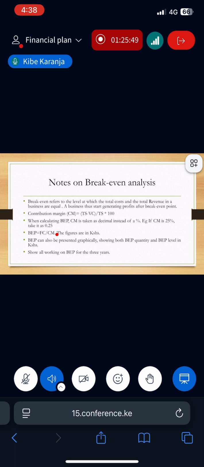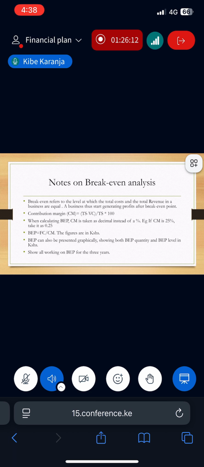And it's important to note that you can present break-even graphically, showing both break-even quantity and break-even in Kenya shillings. And when you are calculating the break-even point, you show all the working.